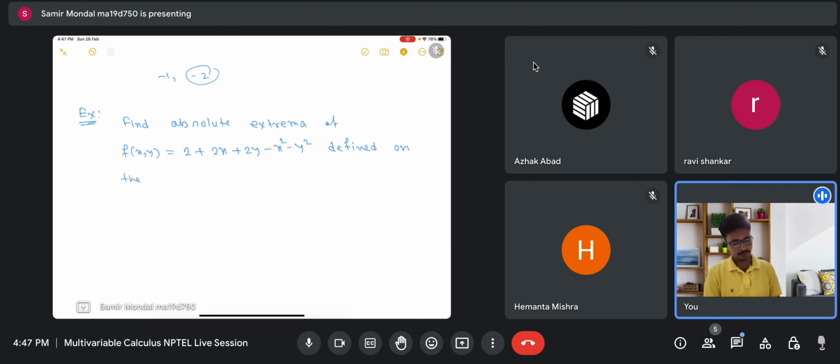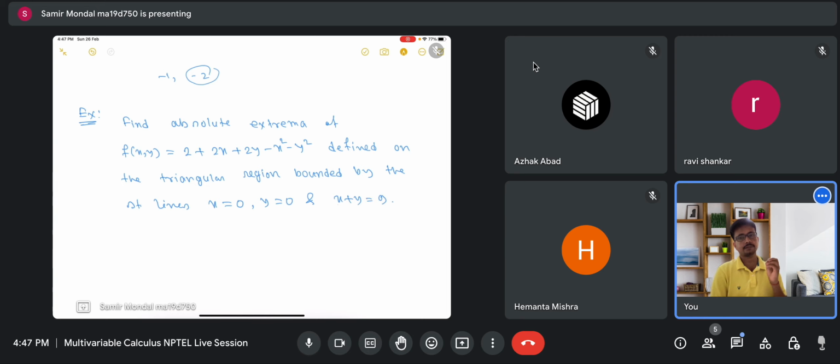Define on the rectangular region, okay, bounded by the straight lines, these three straight lines: x equal to 0, y equal to 0, and x plus y equal to 9.